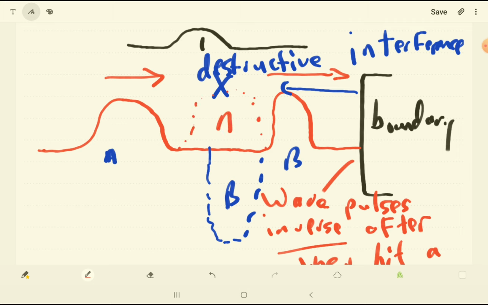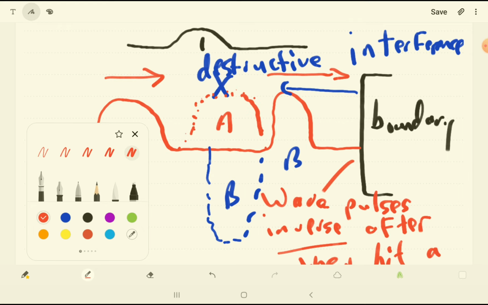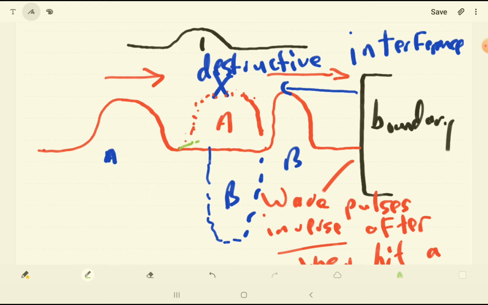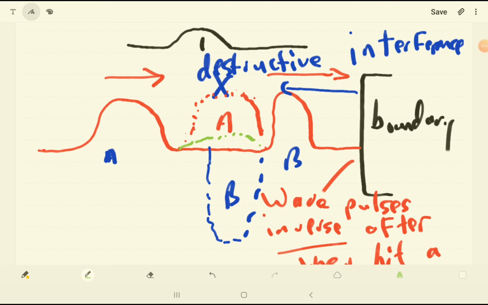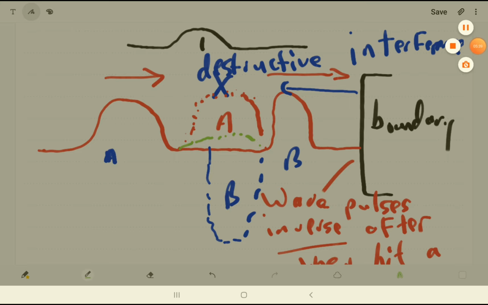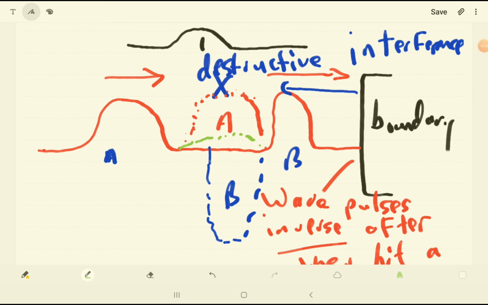So this would be like your A portion, right? And so together, and I'm going to try to make this a little bit more pronounced. Together, you know, they'd probably make something like that around here. But it only happens for a minute, and once that part is gone, okay, once they both continue moving in their respective directions, then that interference is gone.